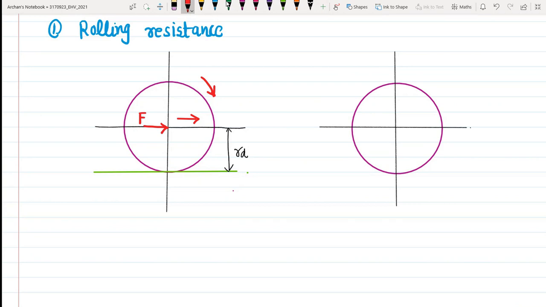And what is the pressure? The pressure will be applied in the downward direction. Here we will be observing some pressure, and this is our moving direction.